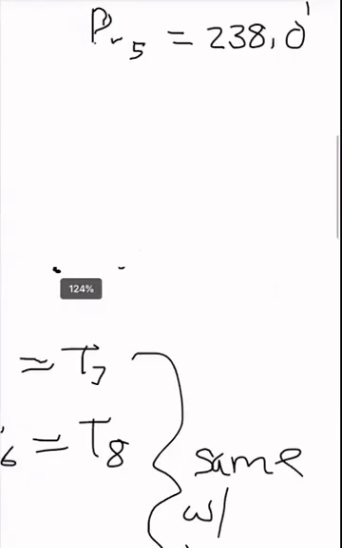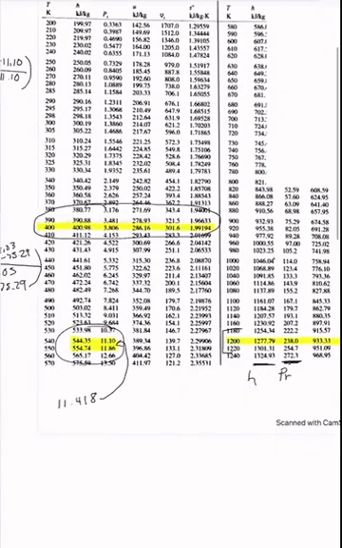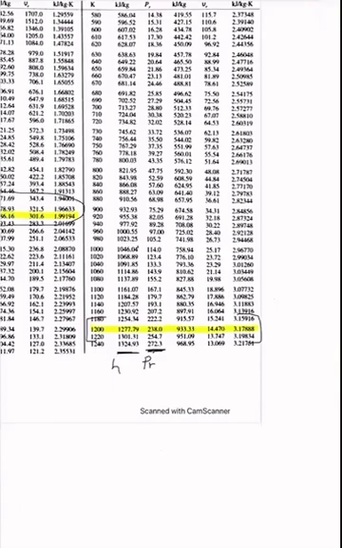And that gives us H6 equals H8 of 946.35. And if you forgot where we found those, they're over here on this side of the table.